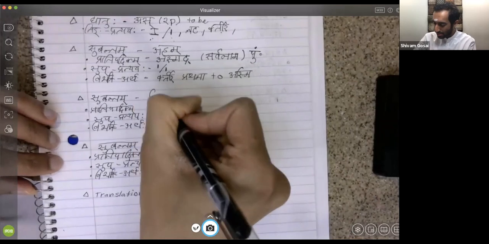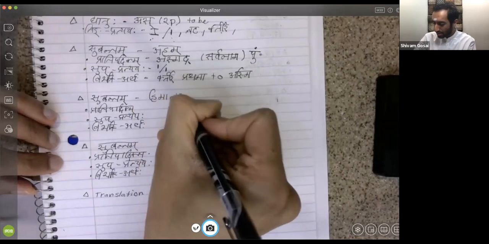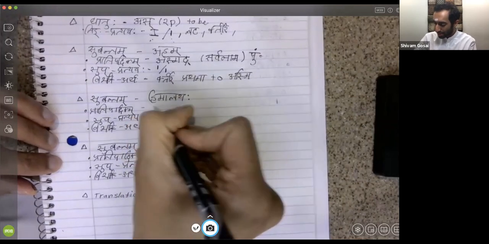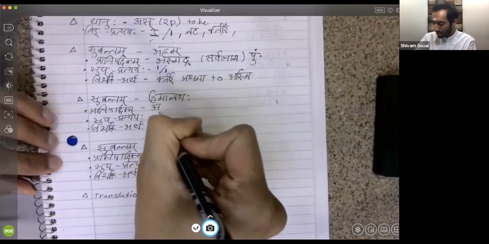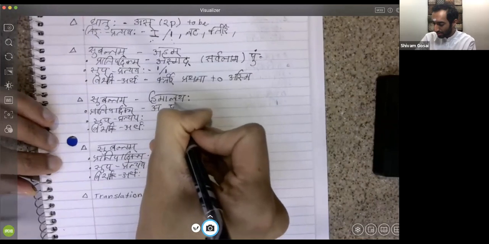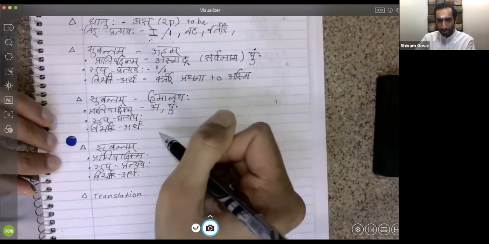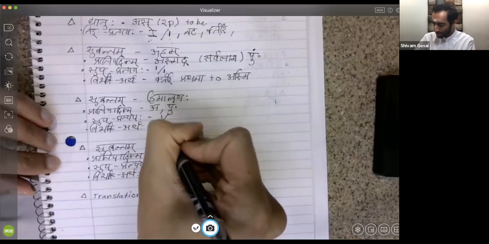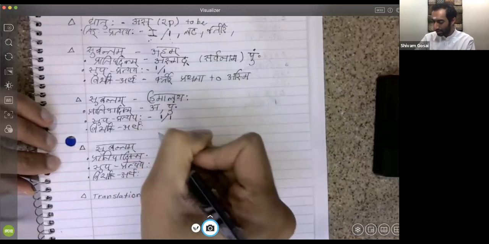The next word, Himalaya. Pratipadika, akaranta, punlinga. And this is 1-1, just like Ramaha, Himalaya.